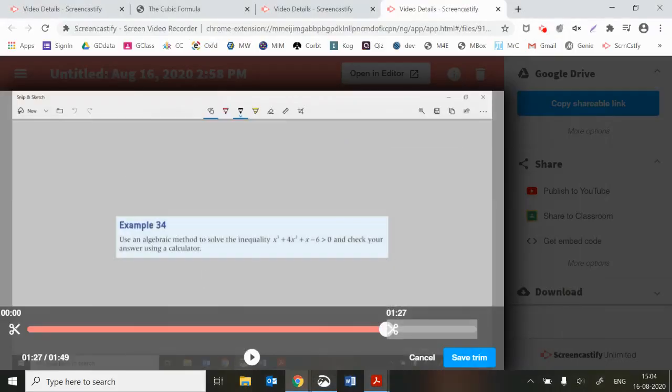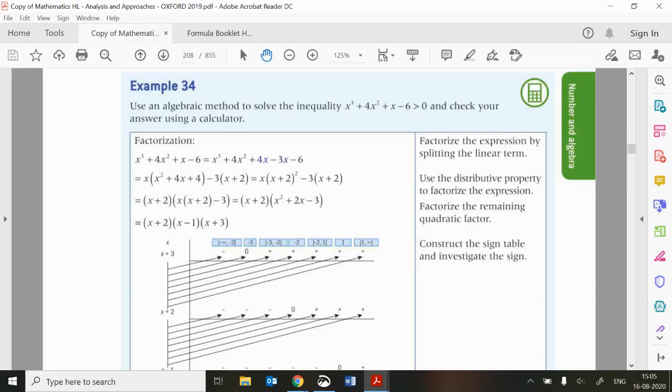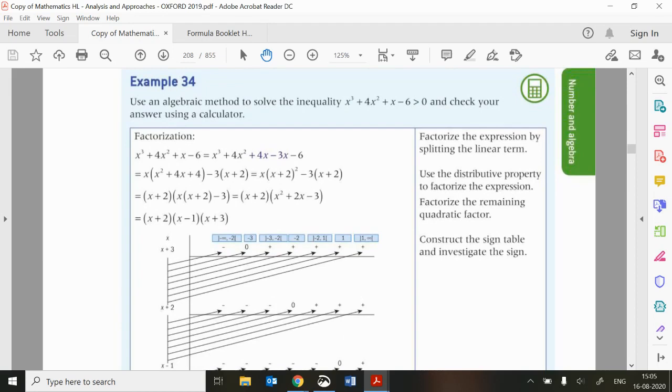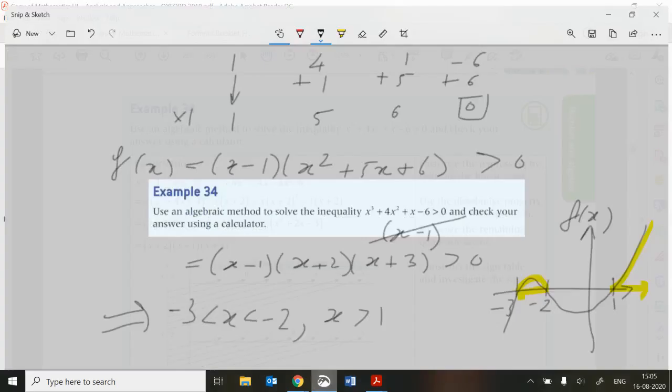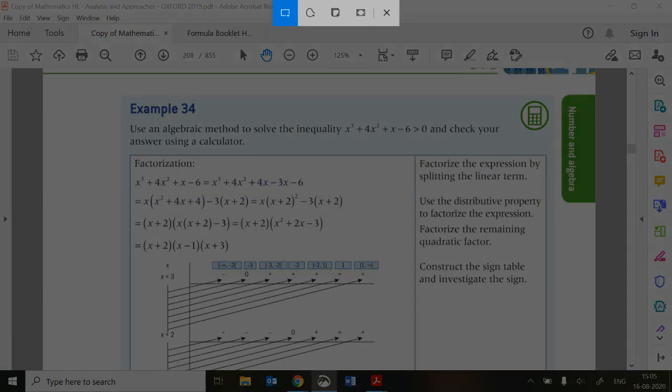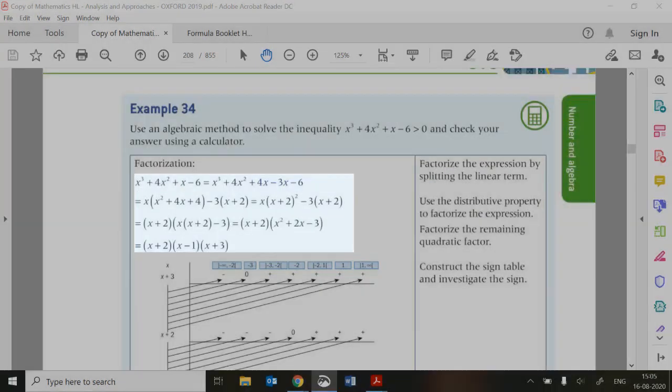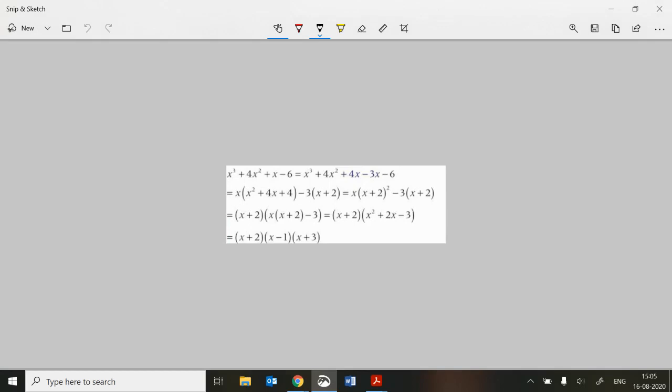Now, if you have a look at the way the book has done this one, the book has done this factorization. Let's just copy this bit here. It's done this factorization through splitting the middle term again. And again, I find this difficult myself. So they're talking about splitting this term.